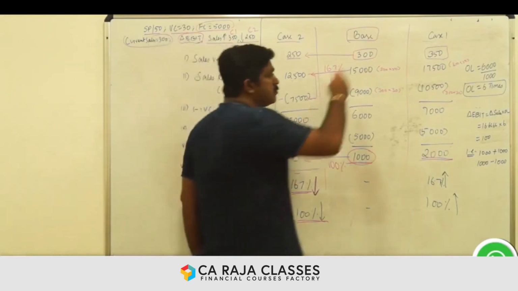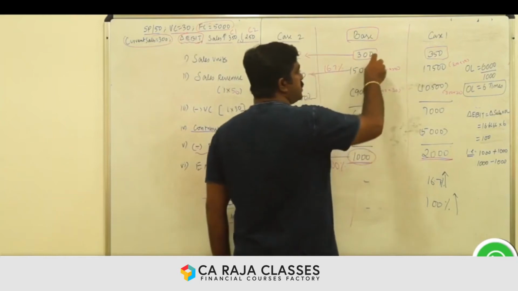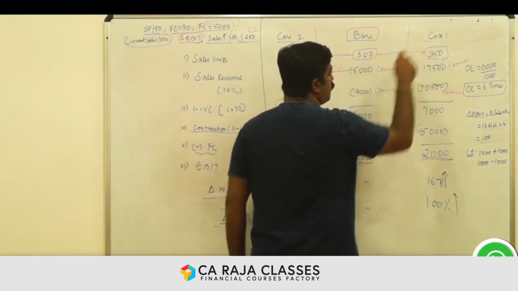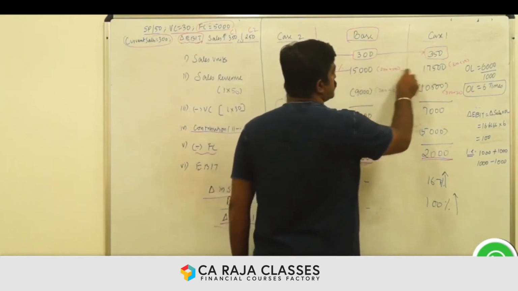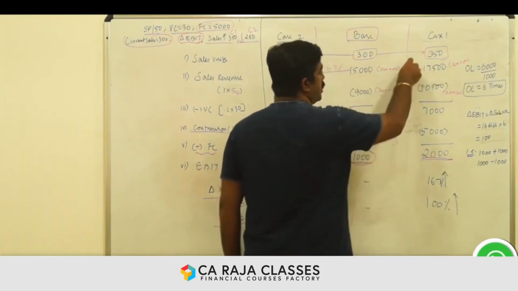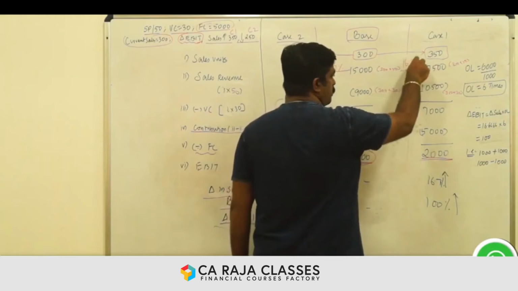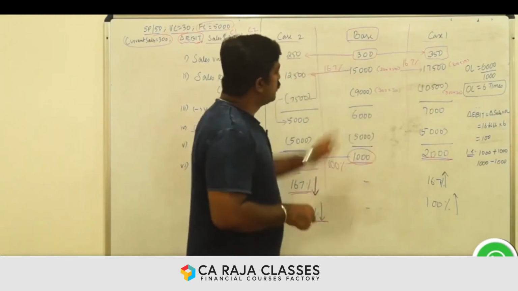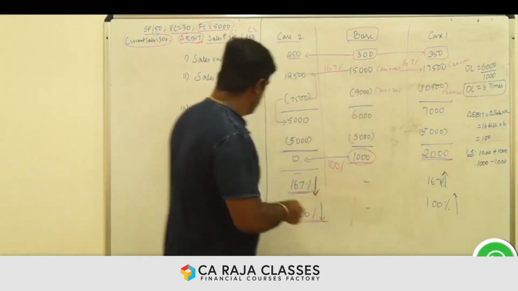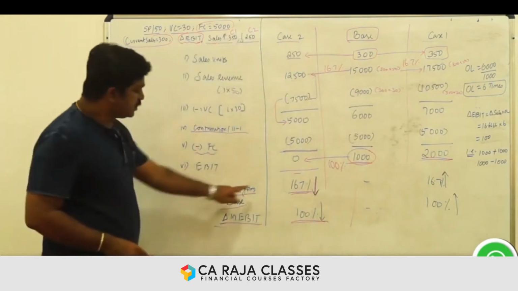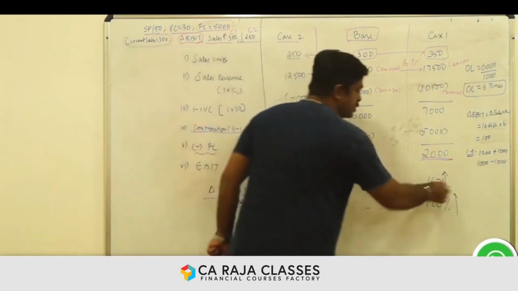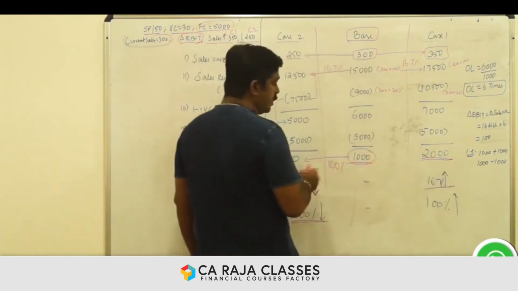Now have a look at this case. Sales increased from 300 to 350. That is, from 15,000 it is going to 17,500. Again, this is a 16.7% increase in sales. So when the sales increased by 16.7%, we'll record that also. Change in sales from base 16.7%. What is happening to the EBIT?